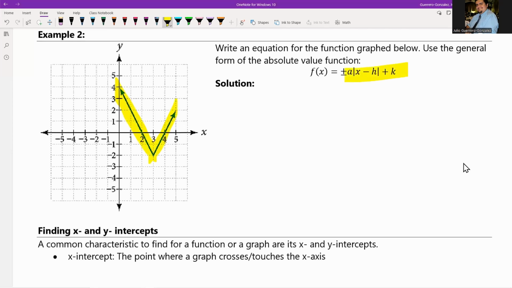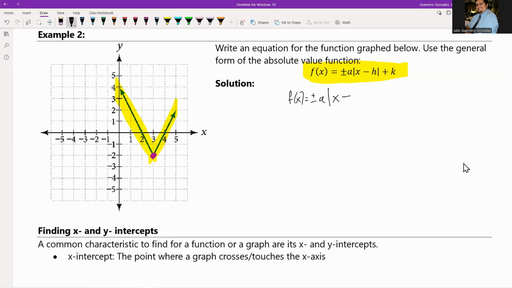I need to put it in this form because this is the form that we know. Automatically, because of this point right there, we can say this is going to be f of x equals plus or minus, let's leave the plus or minus there for now, a times x minus h, where h is the horizontal shift, the side to side.